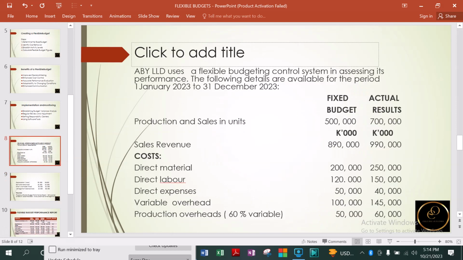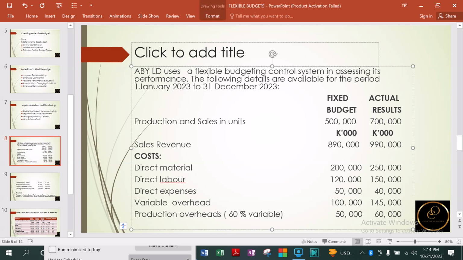ABY Limited uses a flexible budgeting control system in assessing its performance. The following details are available for the period 1st January 2023 to 31st December 2023.